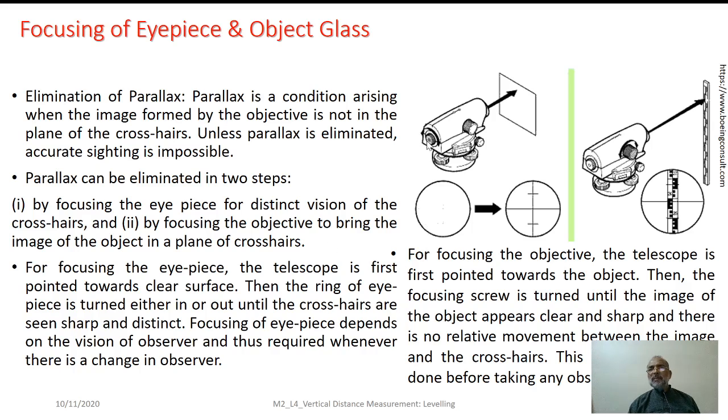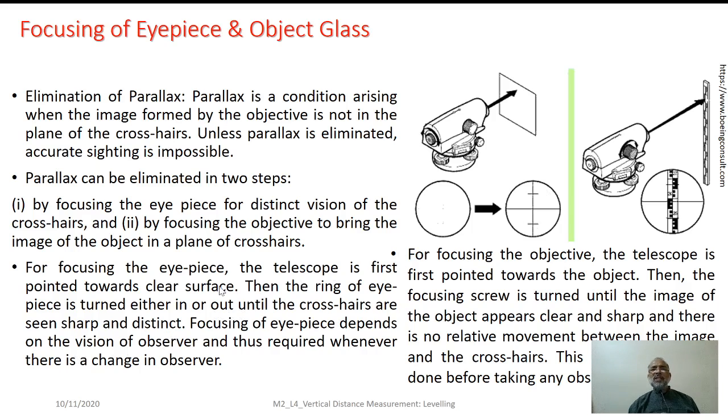As we look through the eyepiece, we will be seeing the position of the diaphragm, which gives the vertical hair and horizontal hair. A number of patterns are possible, but here what you see is the vertical hair and horizontal hair, which are referred to in order to take the staff readings. Here the eyepiece needs to be turned so that the image of the diaphragm or the crosshairs will be seen sharp and distinct.